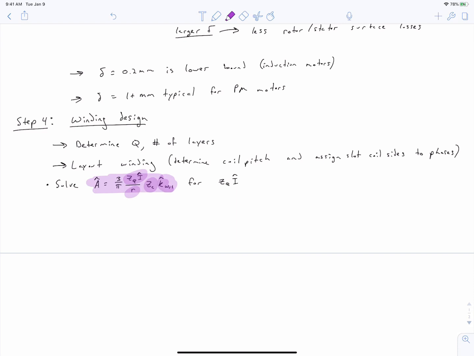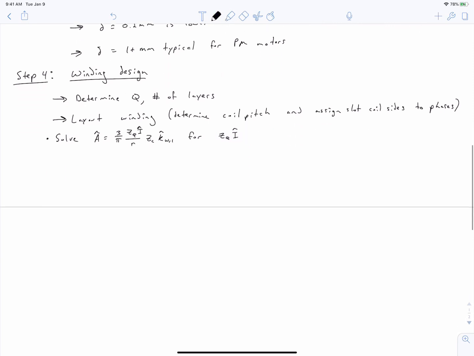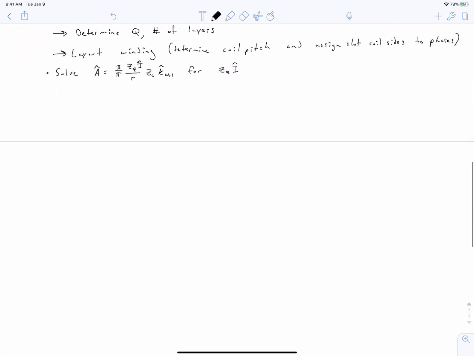We derived this expression a few weeks ago when we related winding factors to our current linkage and our electric loading. So this is an expression for the electric loading of a three-phase winding. And we solved that expression for ZQ I hat, so we know how many total ampere turns are required. And at this point, we need to make a choice. We need to pick what our acceptable current density is for a conductor.